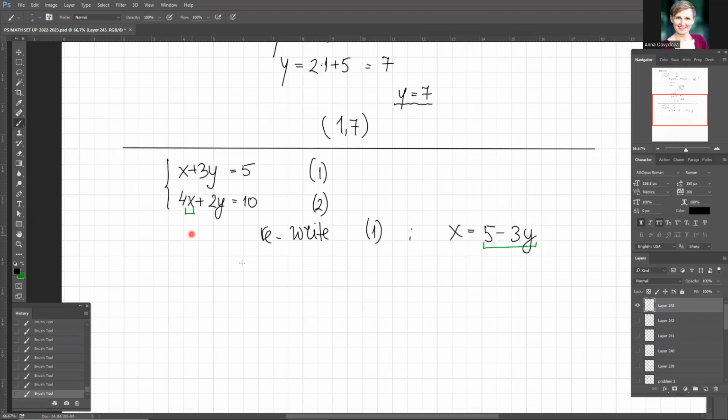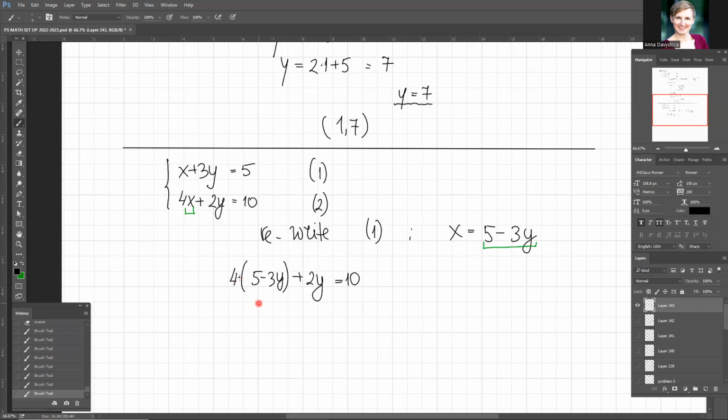Which is being multiplied. So if I had 4x plus 2y equals 10, as seen in line 1, I apologize, as seen in line 2, and I want to change x for this expression, erase my x, put 5 minus 3y in brackets, and I understand that this is multiplication happening here.